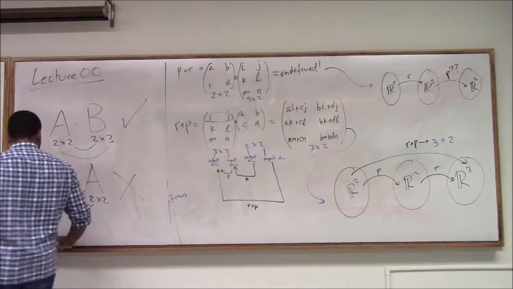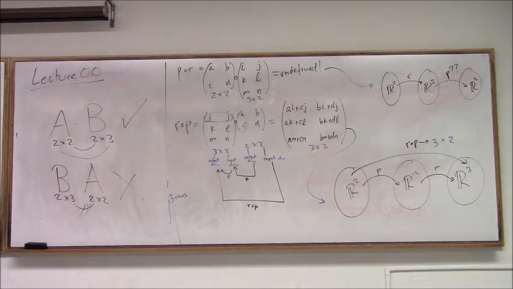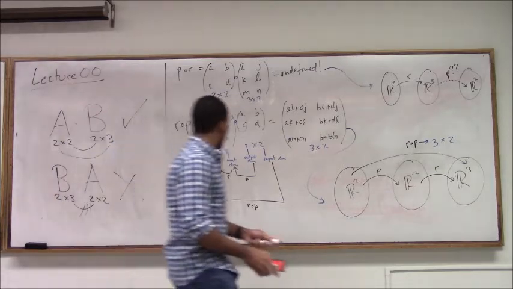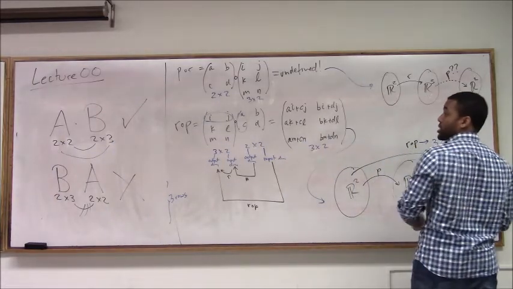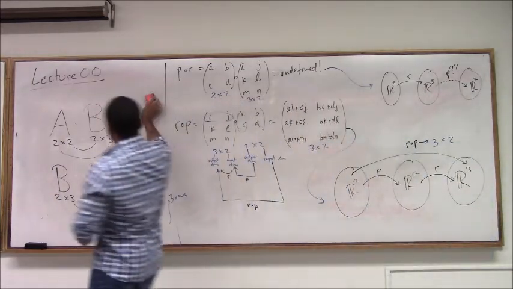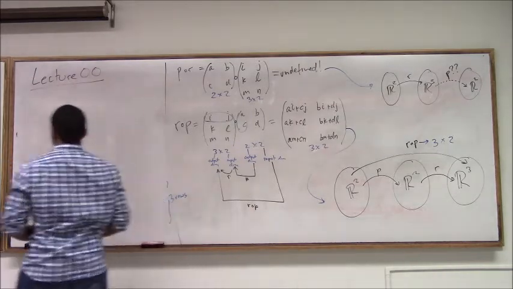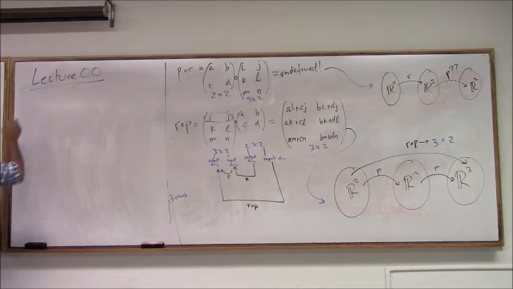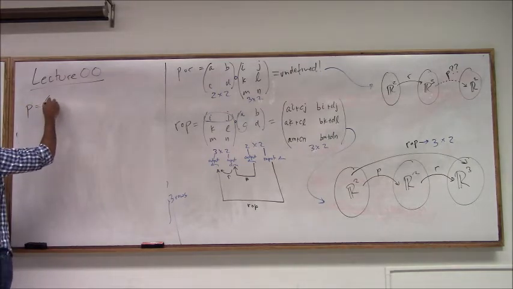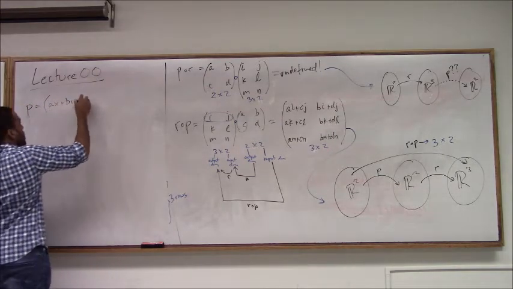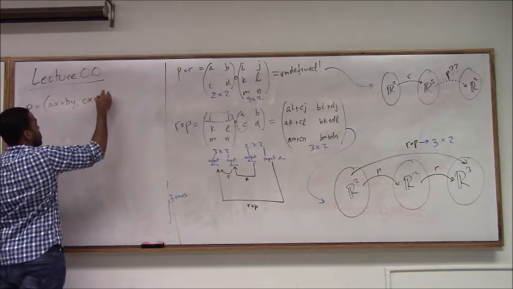Well, that's my hope. Let's look at another kind of operation. Let's take this guy. Let's do the P again. So here's P. I called it AX plus BY, CX plus DY.